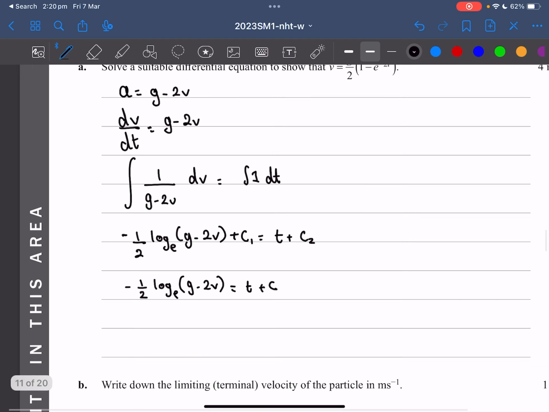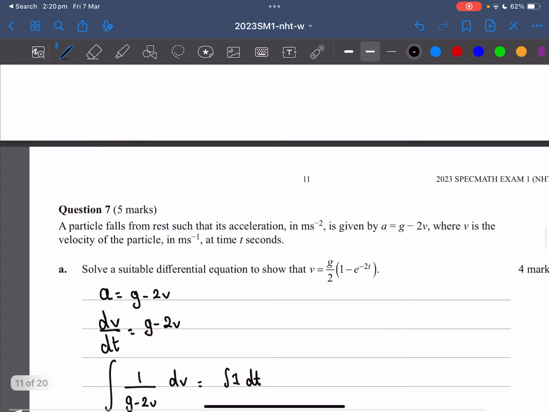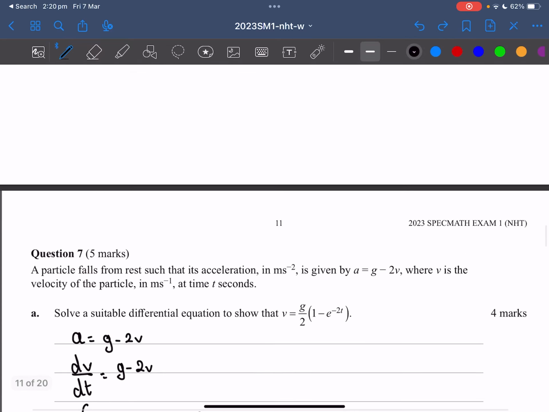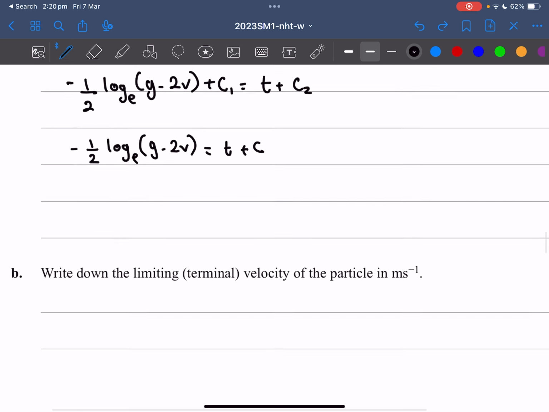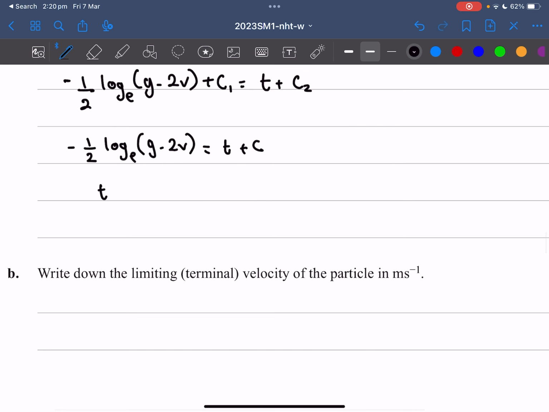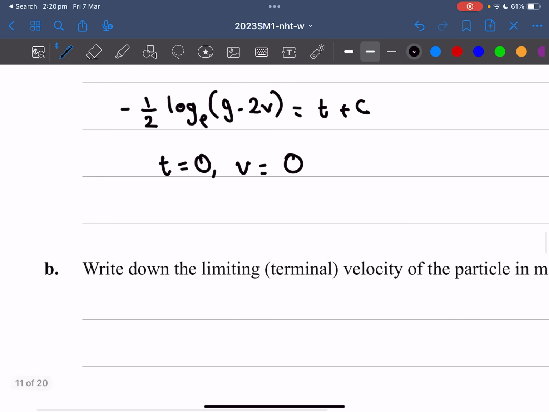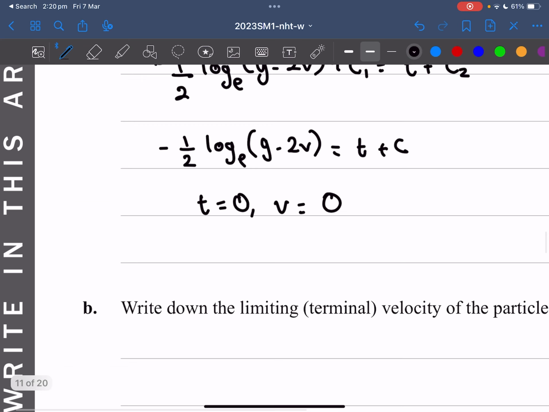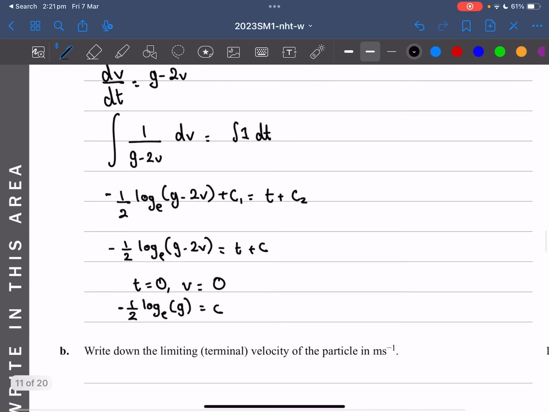All right, and do we have any initial condition from rest? So what does that mean? Well, at time equals 0, velocity equals 0. So at t equals 0, v is also equal to 0. So let us substitute everything in here to find the value of c. So we will have minus 1 on 2 log base e of g is equal to c, right?